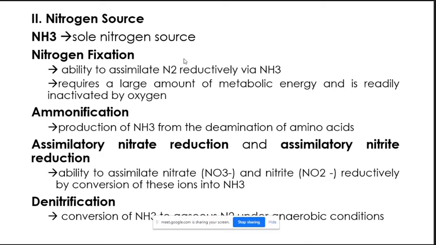And most microorganisms use this ion, ammonium, as a sole nitrogen source, and many organisms possess the ability to produce it from amines. So nakita nyo dito, you have different processes. You have your nitrogen fixation, you have ammonification, and then you also have your denitrification.